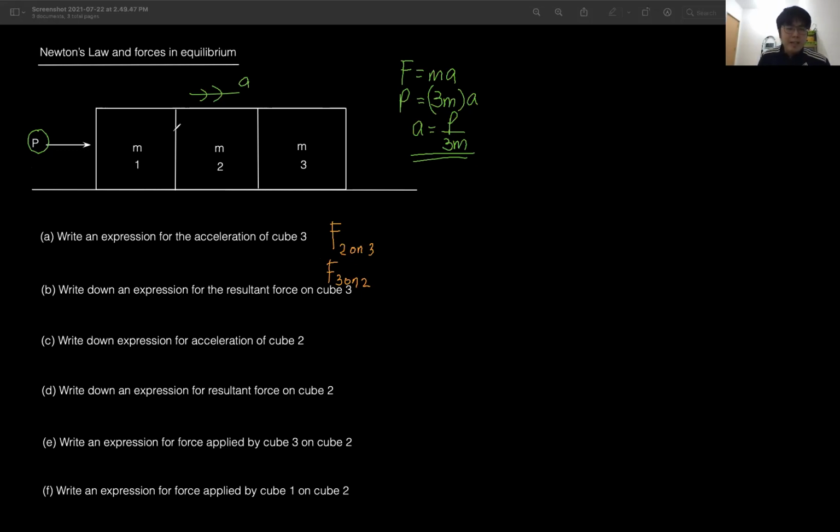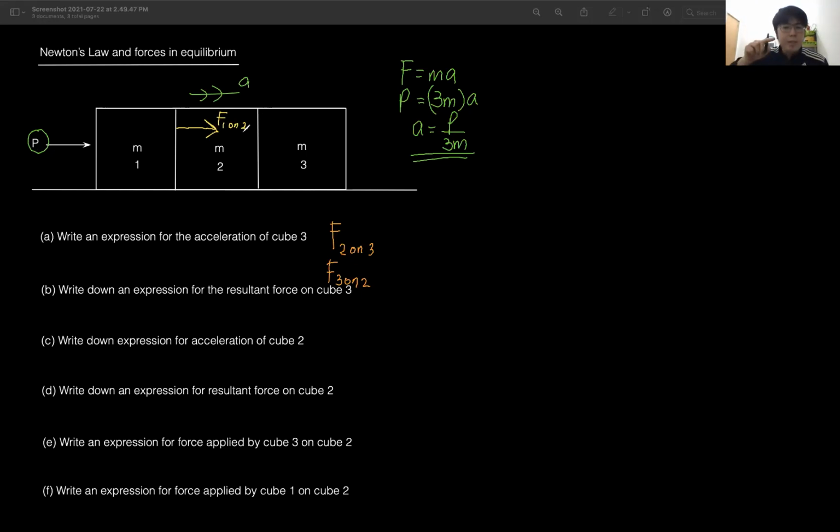Now m1, cube number 1, because I press m1, m1 also presses m2. So I label the force here: m1 presses m2. What is this force? I call it F1 on 2. This force is acting on what body? Body number 2, not body number 1.